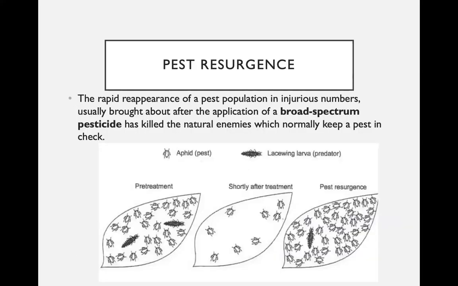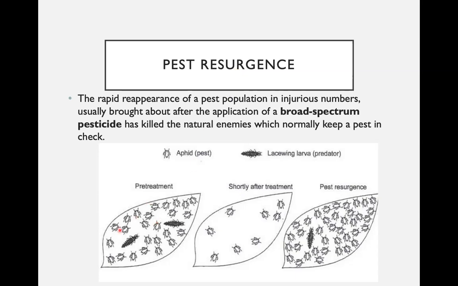All right, so looking at some other examples of what can happen when using pesticides, this is what's going to happen when we apply a broad spectrum chemical. This is a phenomenon that occurs when we harm both the pest and its natural enemies. In this figure, we're seeing an example of pest resurgence.